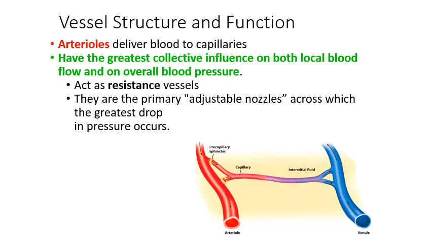We oftentimes refer to arterioles as being resistance vessels. And we call them that because they're able to adjust blood pressure and change the resistance of flow by closing off little tiny smooth muscle rings called sphincters.